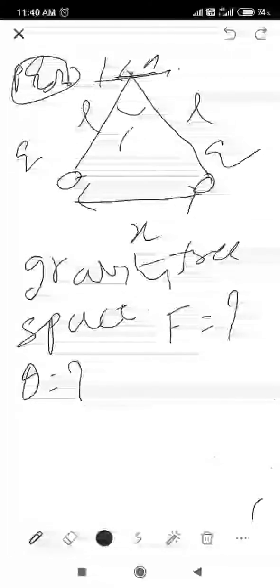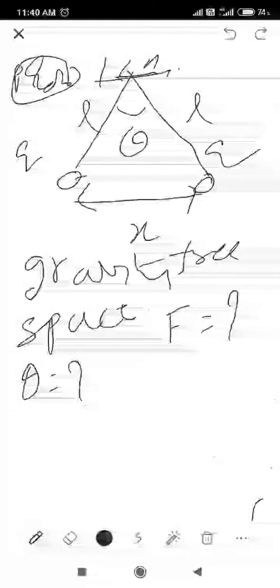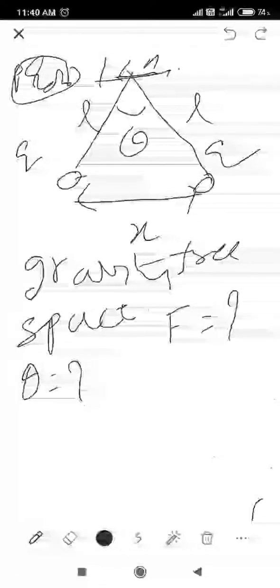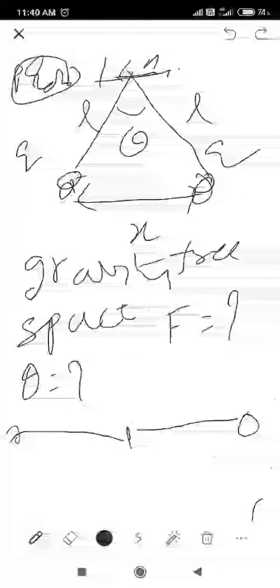This is the question. So here what happens? If they are taken to gravity free space, mg will not come into act. When mg will not come into act, each pendulum due to repulsive force will go like this.